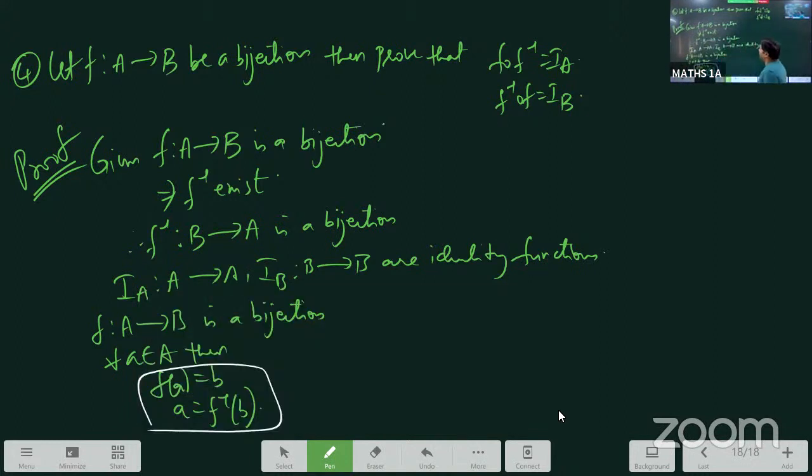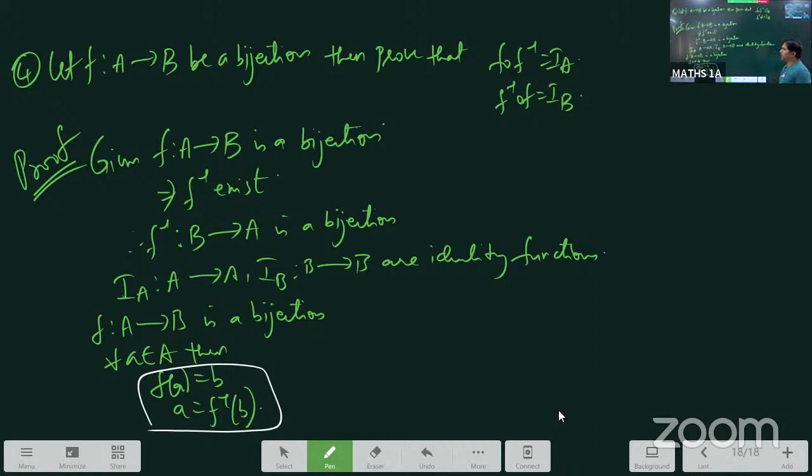So once again, I'm repeating. Here F is a mapping from A to B and is a bijection. That implies F inverse exists, which means F inverse is a mapping from B to A and is a bijection. Then IA is a mapping from A to A and IB is a mapping from B to B, which are identity functions.